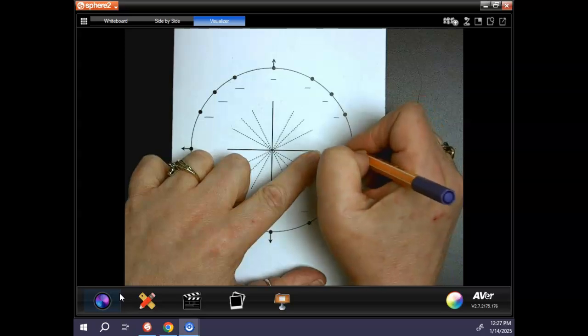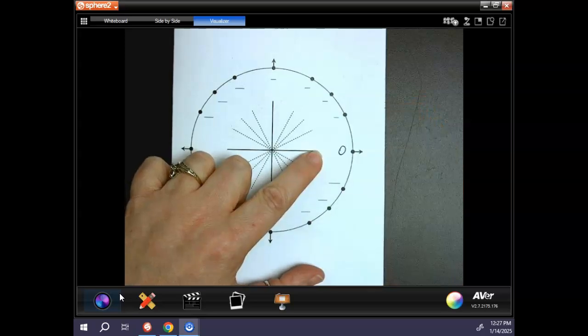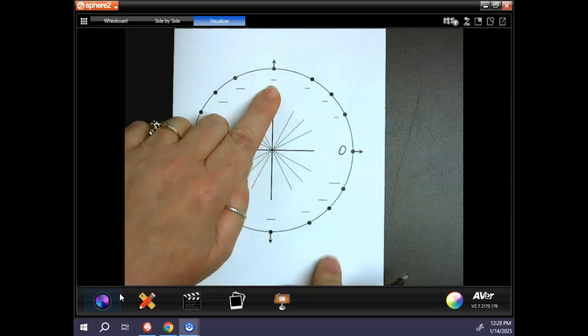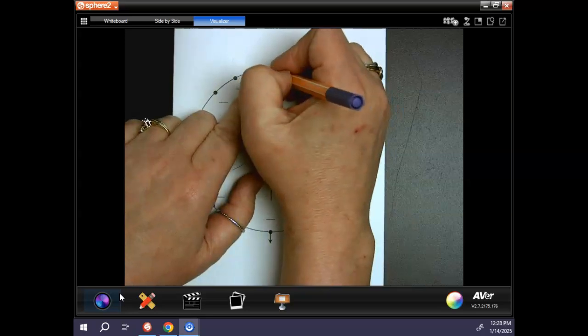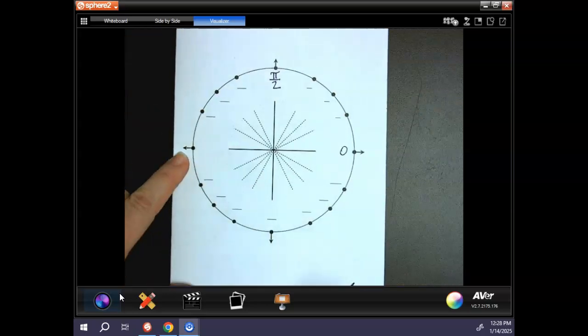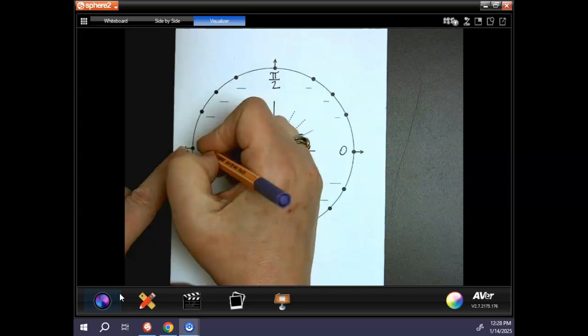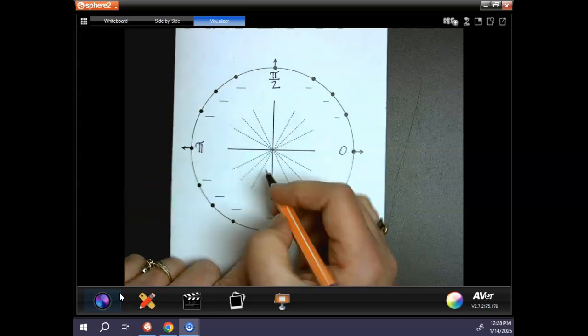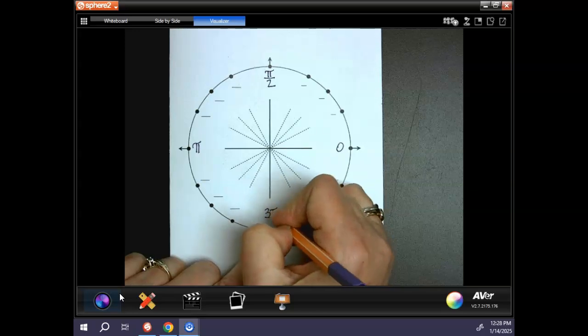We will start with our quadrantal angles. So this is 0. What is this one? Pi halves. What is this? Pi, good. And what is this one? 3 pi halves, good.